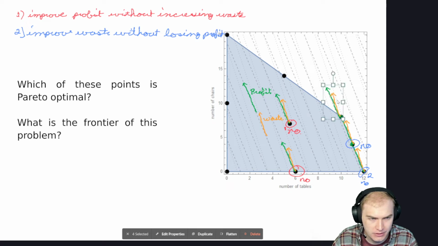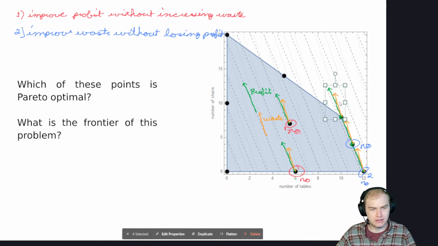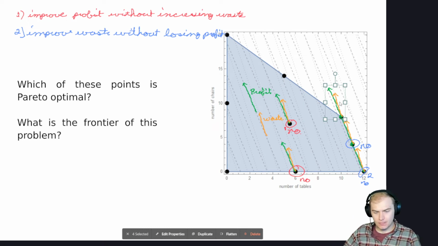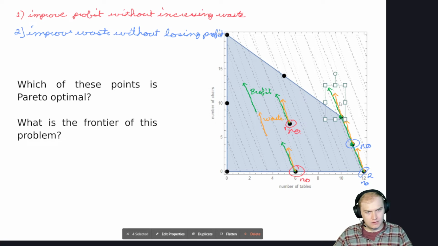What about this point here at this vertex, or at that extreme point? Well, here, following either the red, or the green, or the yellow vector becomes infeasible immediately. What does that mean?